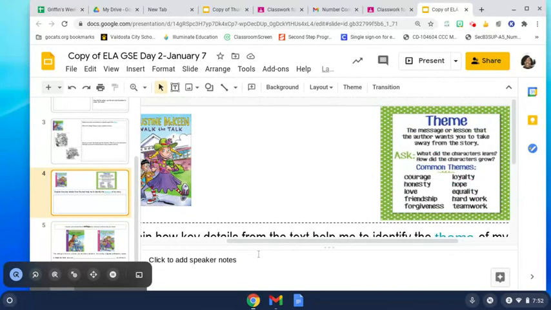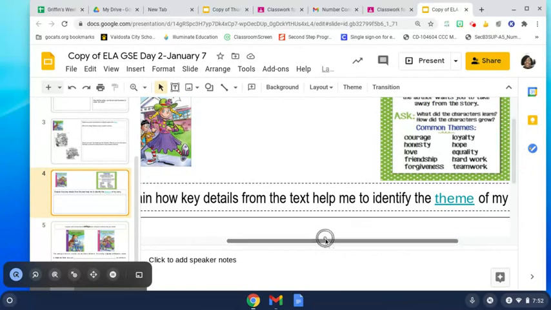Okay, we're talking about theme. What is the message or the lesson that the author wants you to take away from the story? So you ask yourself the following questions to get to the theme. What did the characters learn? How did the characters grow? And common themes in stories are about courage, okay, which means bravery, honesty, telling the truth, love, friendship, forgiveness, loyalty, hope, equality, hard work, and teamwork.